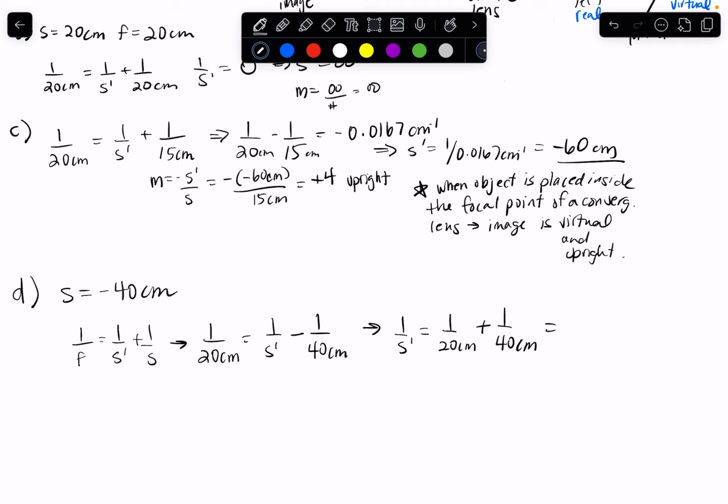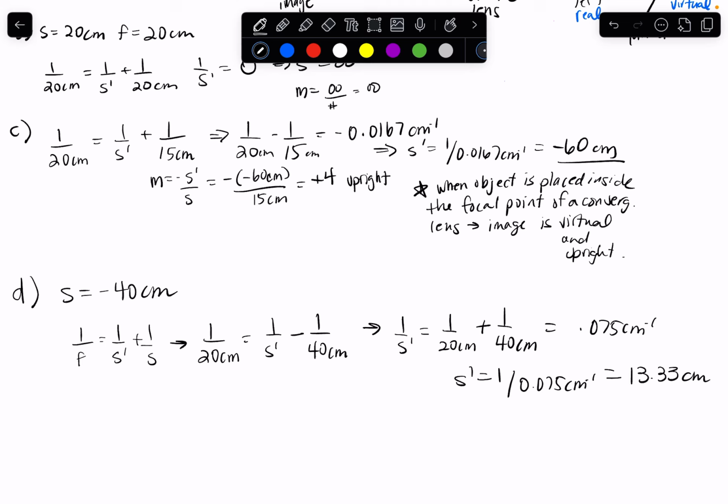We can definitely do mental math to figure that one out, but I just don't feel like doing that right now. So that gives us 0.075 inverse centimeters, which means that s prime is 1 over that. And that becomes 13.33 centimeters positive.